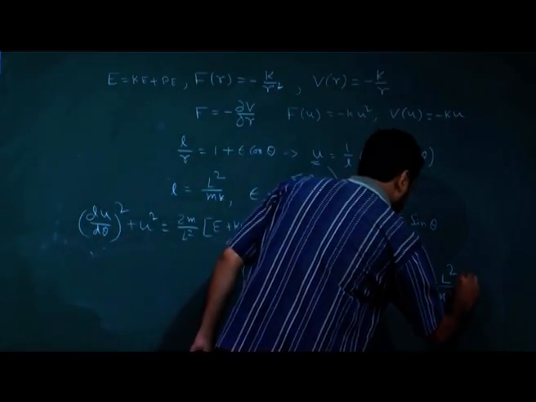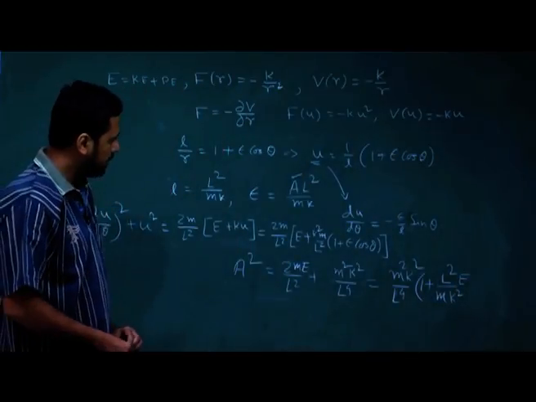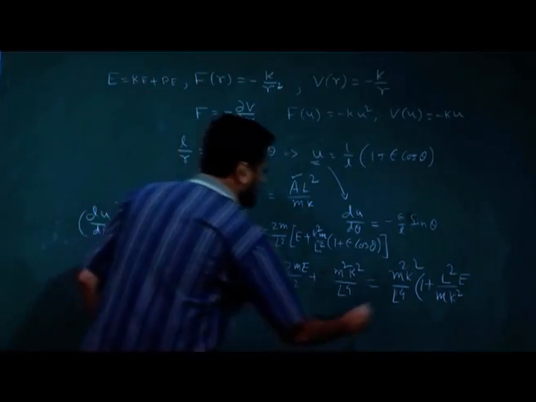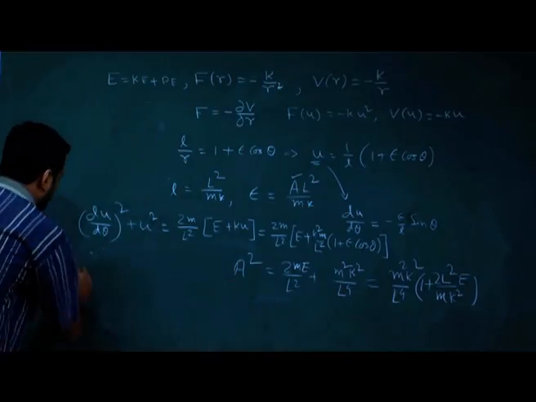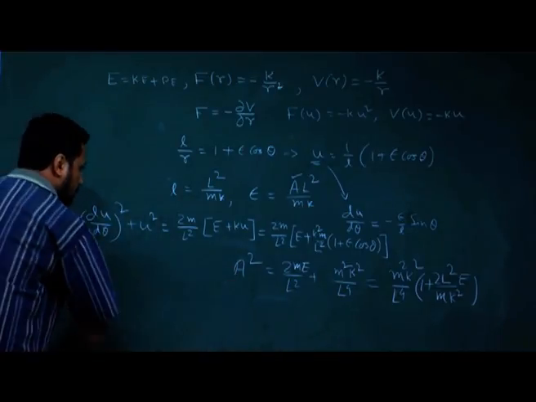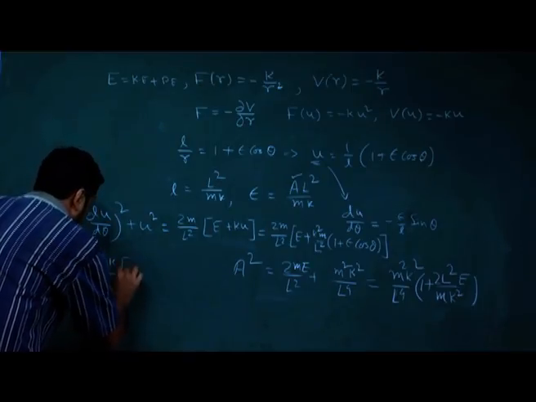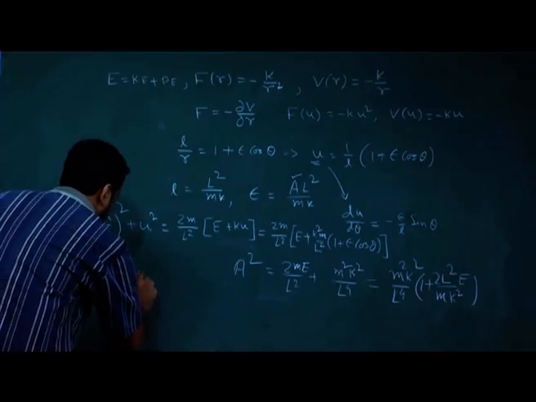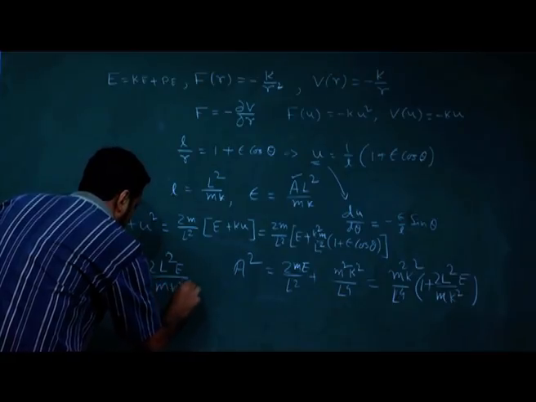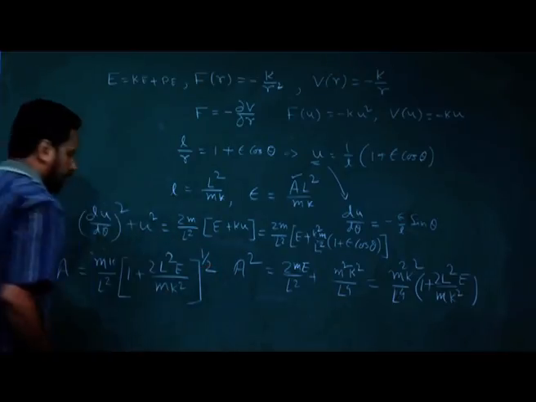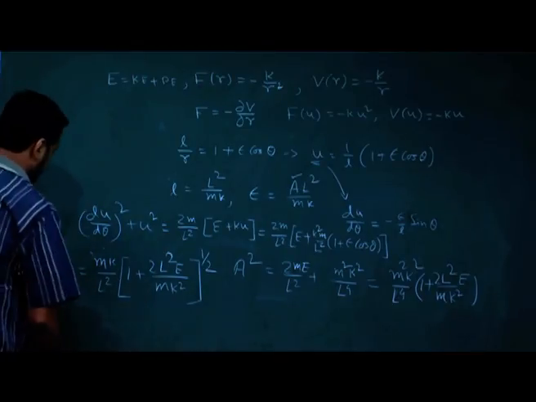Yes, there will be a 2 term coming in. So, simplifying, we can write A equal to m k by L square into 1 plus 2 L square E by m k square, to the power half. So, this is the final expression.